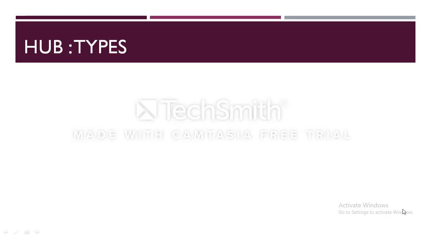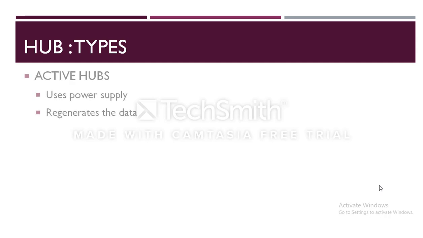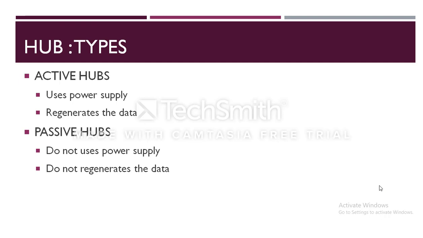There are three types of hub. Active hubs use power supply and regenerate the data, that is, strengthen the signals in case of disturbances. Passive hubs don't use power supply and will not regenerate the data, that is, strengthen the signal in case of disturbances.